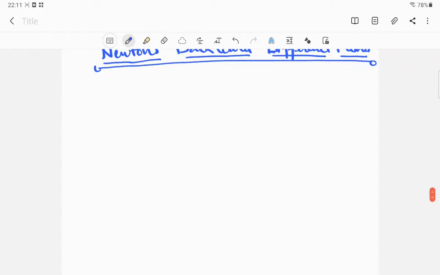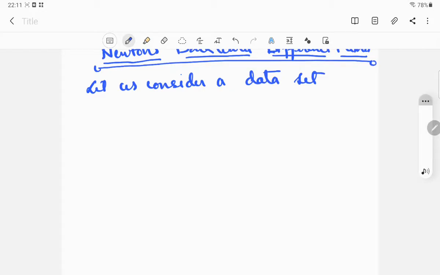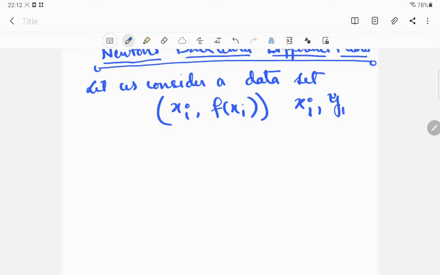In the same way, let us consider a data set, and it is represented as (x, y), which can also be written as (xi, yi).